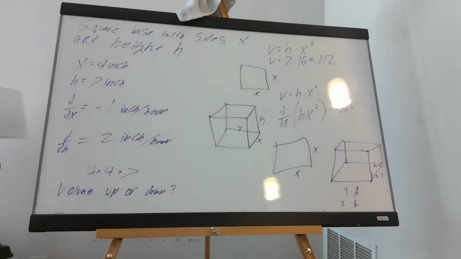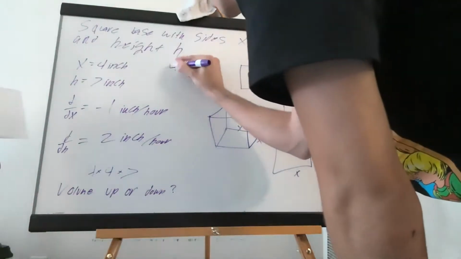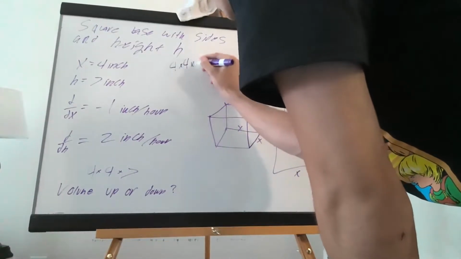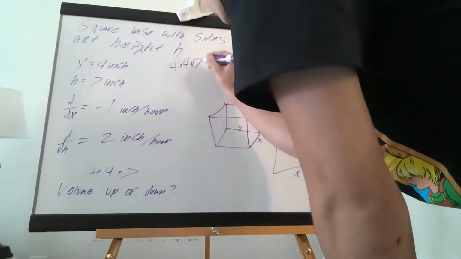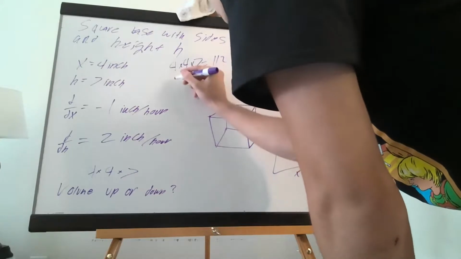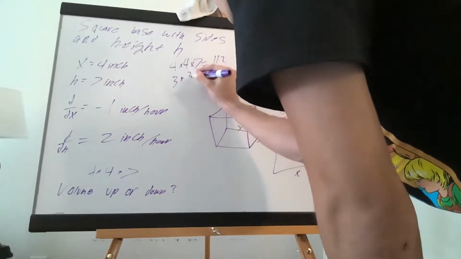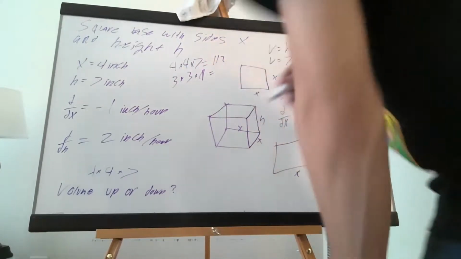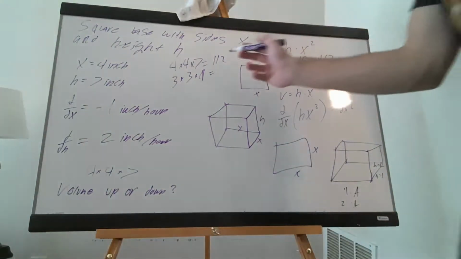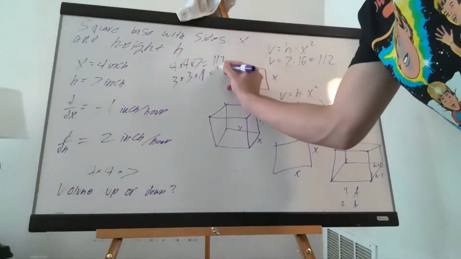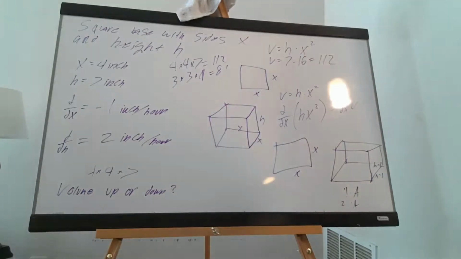So let's just do some multiplication. 4 times 4 times 7 is 112. And then 3 times 3 times 9 equals 81. So volume is going down from there.